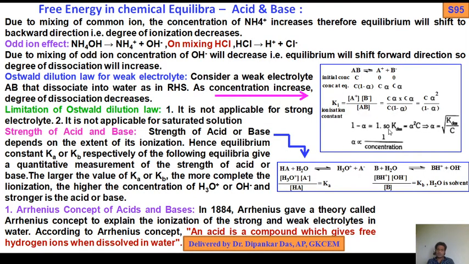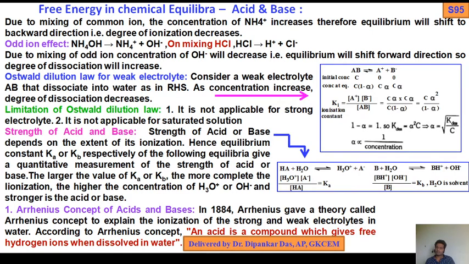As you know, 1 minus alpha tends to 1, so we get dissociation constant equals alpha square C, or we can write alpha equals root K by C. So that is the relation. We get alpha equals root K by C. That means alpha is inversely proportional to concentration.